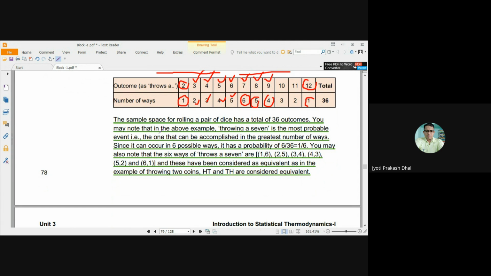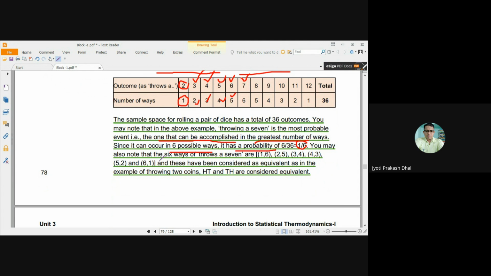You may note that in the above experiment, throwing a 7 is the most probable event, because it can be accomplished in the greater number of ways. Since it can occur in 6 possible ways, it has the probability 6 by 36, that is 1 by 6.